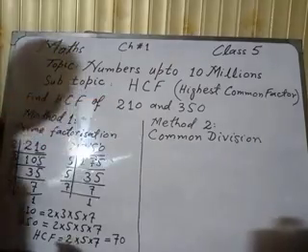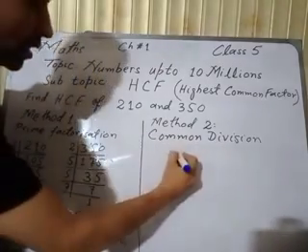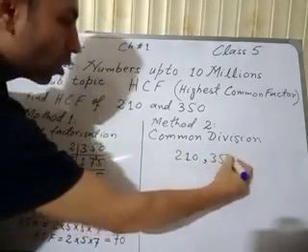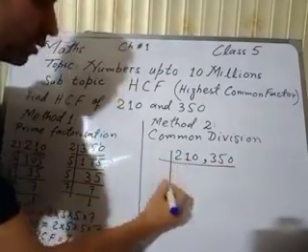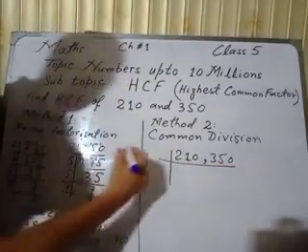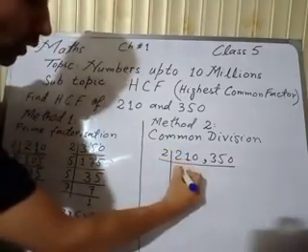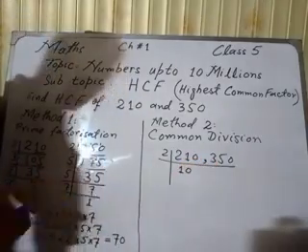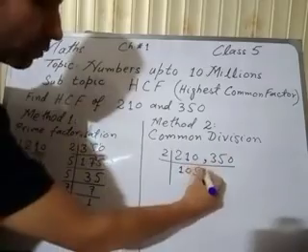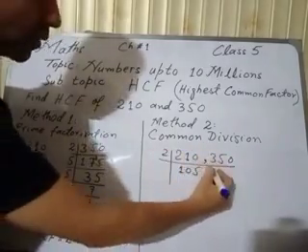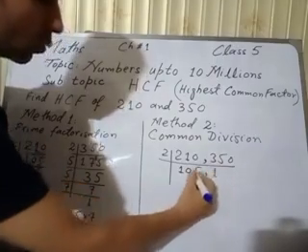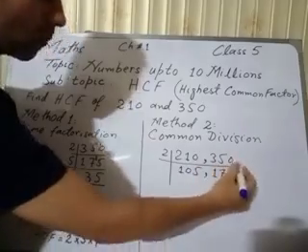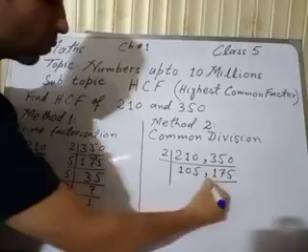Now with the common division method, we can write 210 and 350 together in a single table. Here you can see that in the 2 table, 2 ones are 2. Again we see both numbers together, so we place 0. 2 fives are 10, and 2 sevens are 14, and 2 fives are 10.